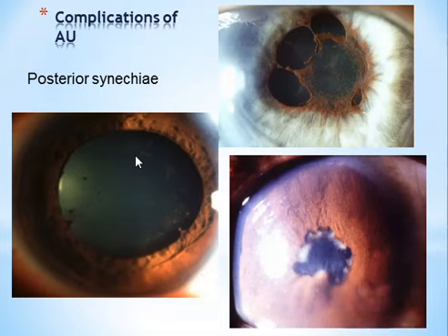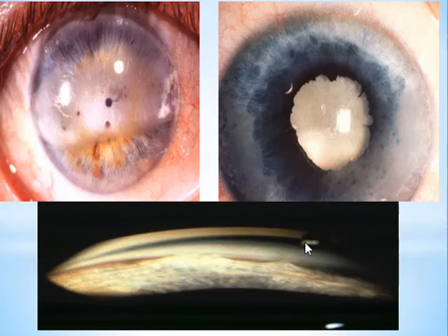If it is 360 degrees, it is known as the condition of seclusio pupillae. Also a complication of uveitis is cataract formation and angle closure in inflammatory uveitis.